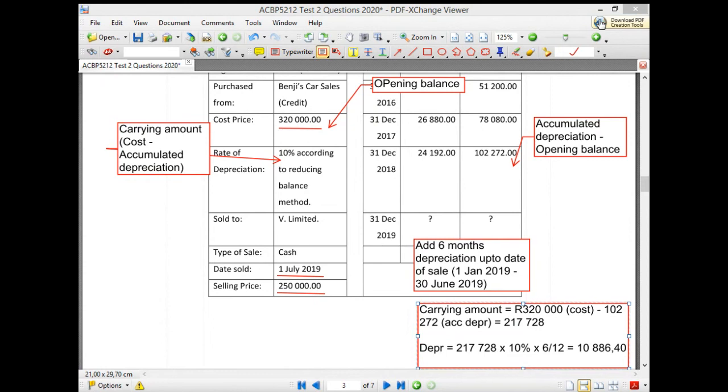Then you add the current year depreciation, which we worked out is the 10,000. Okay, so then if we want to work out the carrying amount just before we sell it, we take the 320,000, we deduct the opening accumulated depreciation as well as the depreciation charge for the year to work out our carrying amount. Just going to move this to the right so that I don't cut off the text.